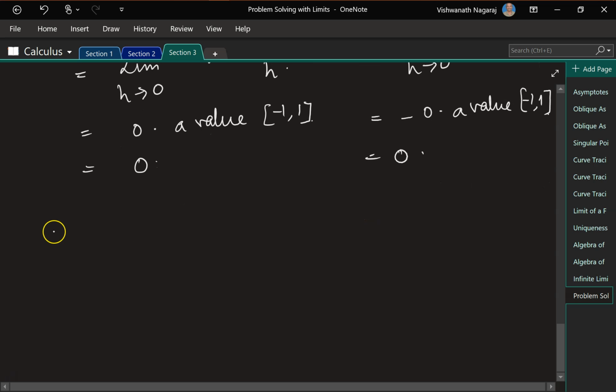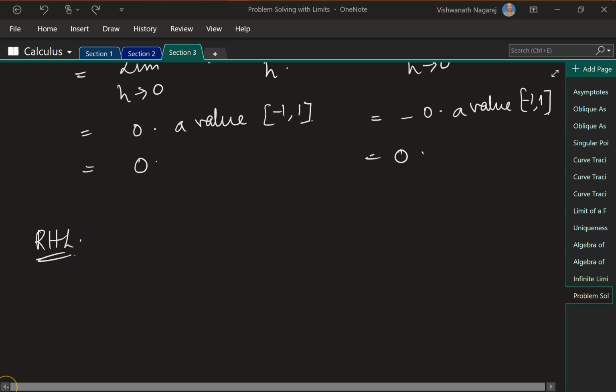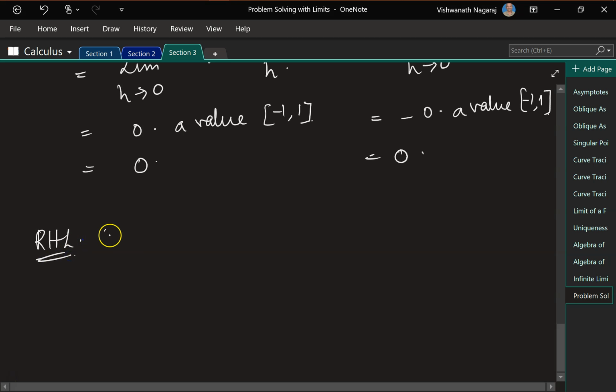Okay. Now let's look at RHL, right hand limit. Let's say limit as x approaches 0 from the positive side of x sine 1 by x.